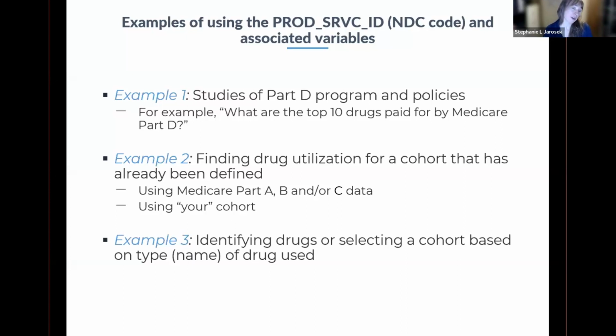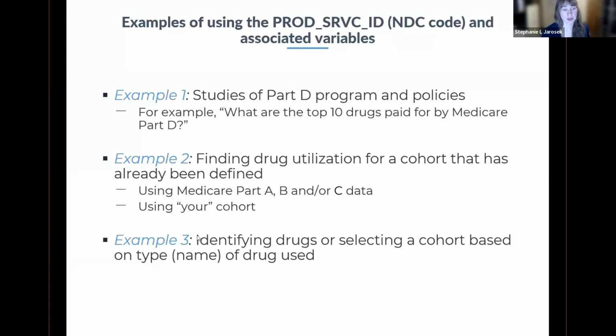Or we could do something where we have a cohort and we want to know, what types of drugs are they using? Maybe we want to see how the drugs are influencing their outcomes. So we could define our cohort with Medicare Part A, B, or C. We can say we want everyone with hypertension. Might be tricky. And then use our cohort to study their utilization.